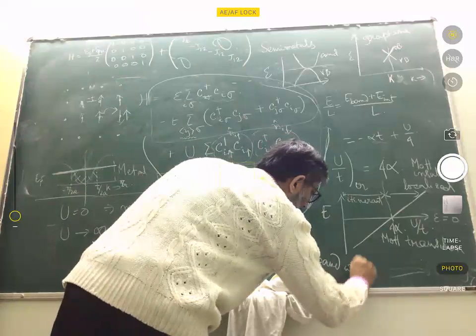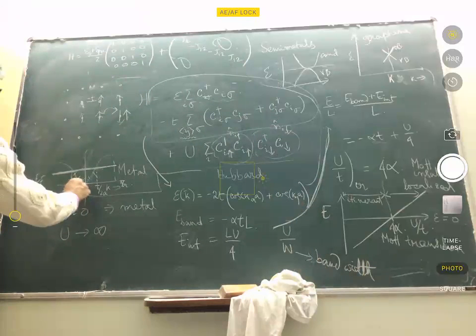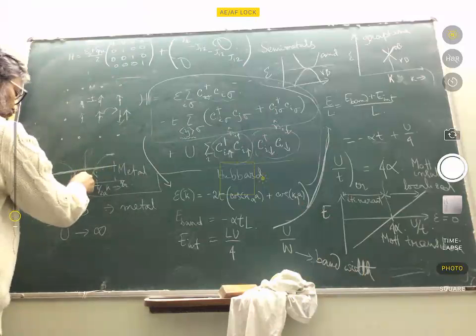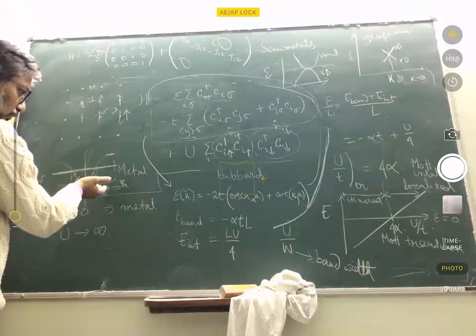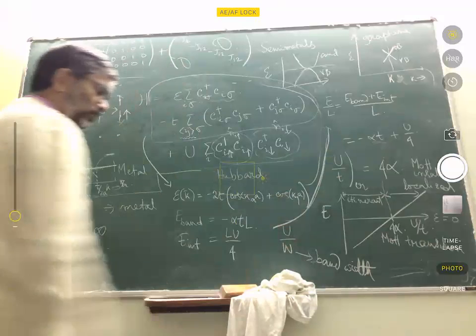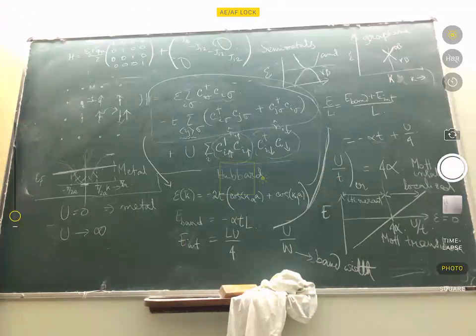Bandwidth, just to remind you, is the difference between the lowest energy in a band and the maximum energy in a band. The band maximum minus band minimum is called the bandwidth. So obviously it would be something proportional to T. So instead of U over T, one often views it in terms of U over W, but W is some constant times T depending on what sort of lattice you have, in what dimension, and so on. But otherwise the concept remains the same.